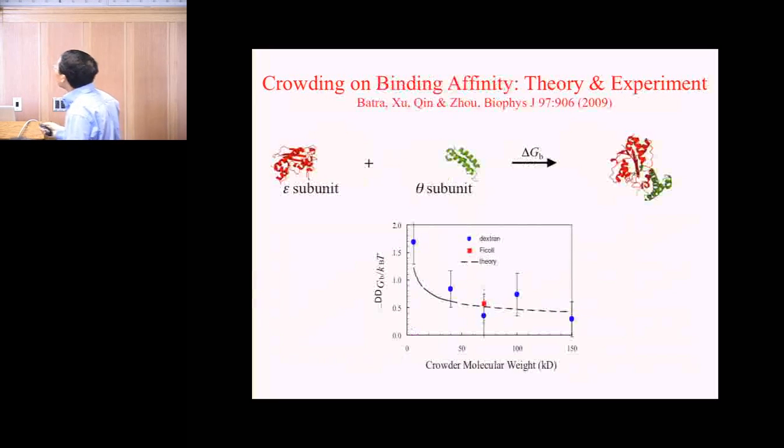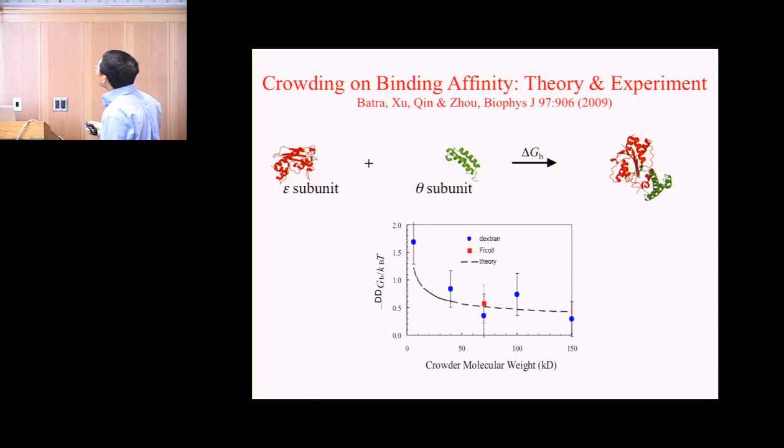Now that is not to say all the effects of crowding are always null. If we look at, for example, binding affinity, there is no compensation from diffusion because this is an equilibrium property, and we do predict an increase in binding affinity. This is a comparison of our theoretical prediction with our own experimental measurements for the binding of two subunits of the DNA polymerase I complex.